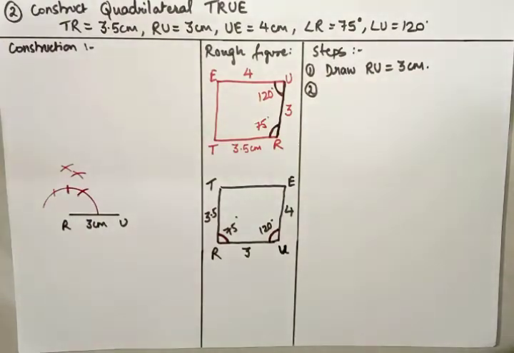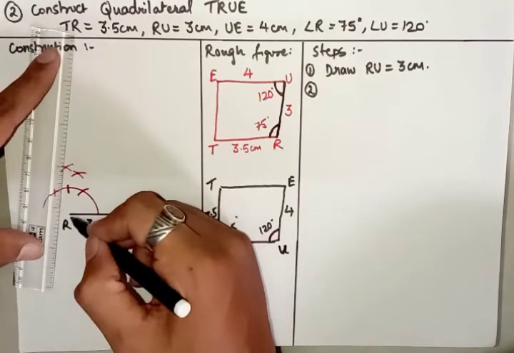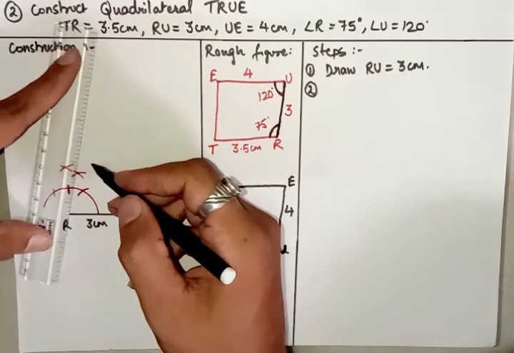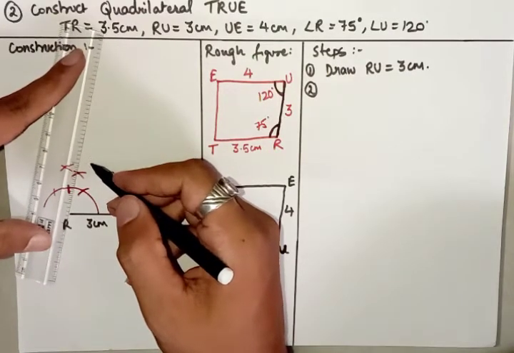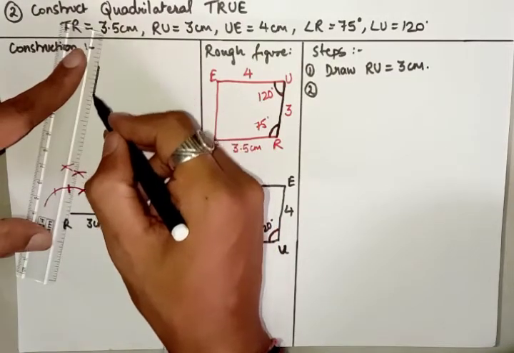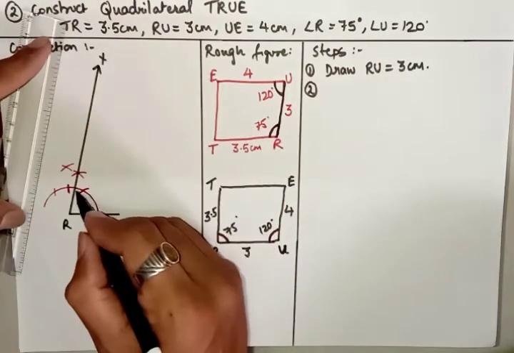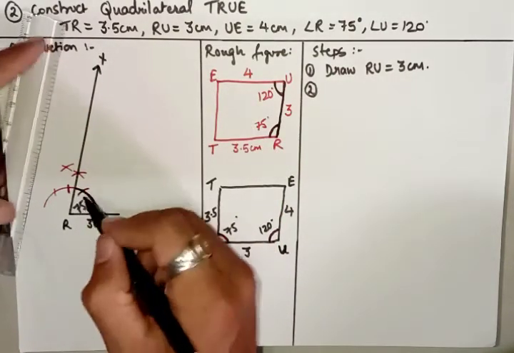So the point of intersection of these 2 points will be the line segment. When I join from R to this point of intersection, it will give me an angle of 75 degree. So producing it to some point X, this angle so formed is of 75 degree.